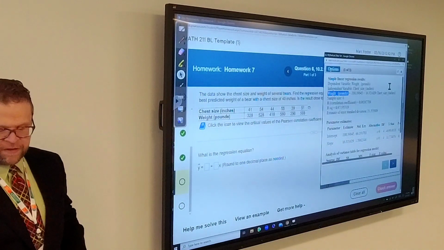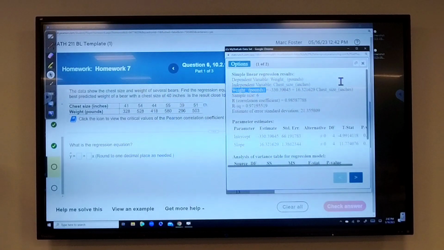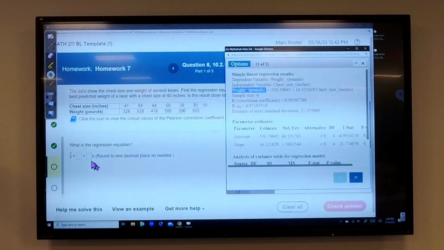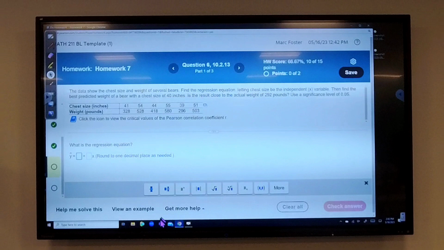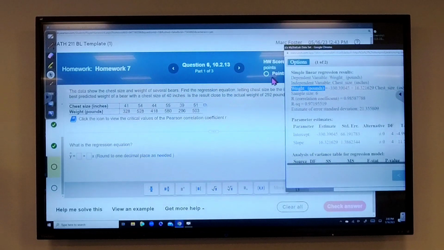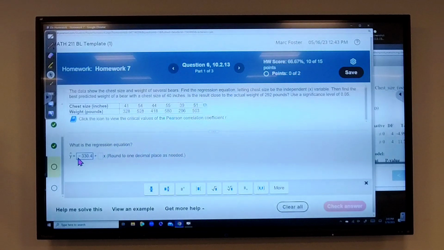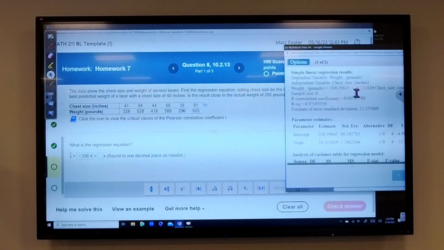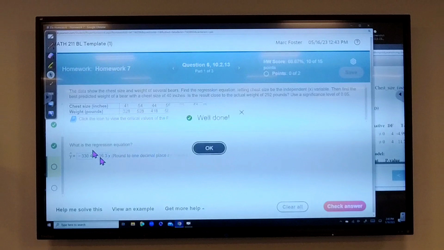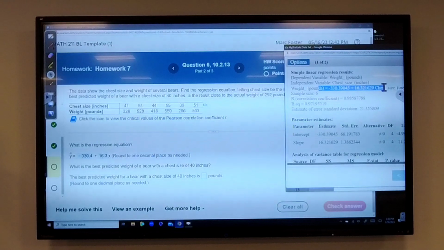Look carefully, if you have any negatives, they need to be included. So my equation is minus, let's see, round to 1 decimal place, so minus 330.4 plus 16.3 X. It's coming from right here.